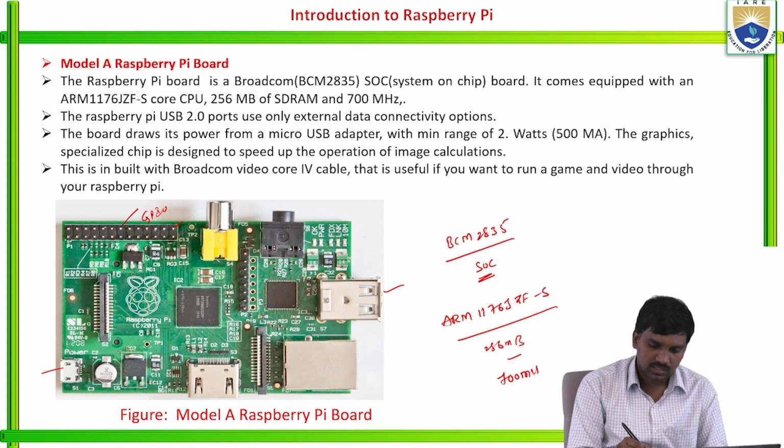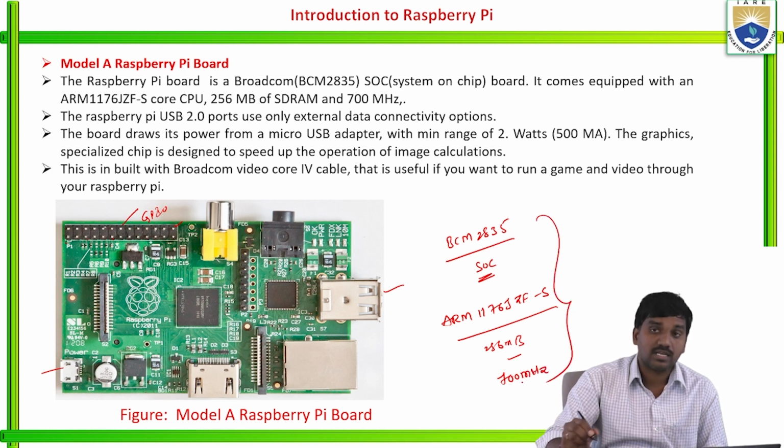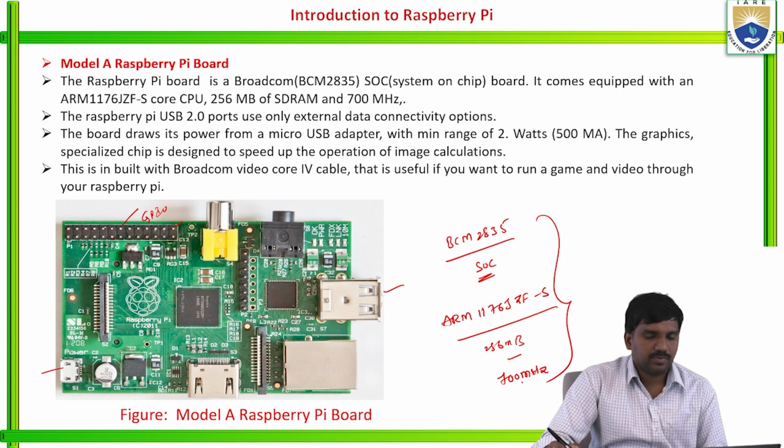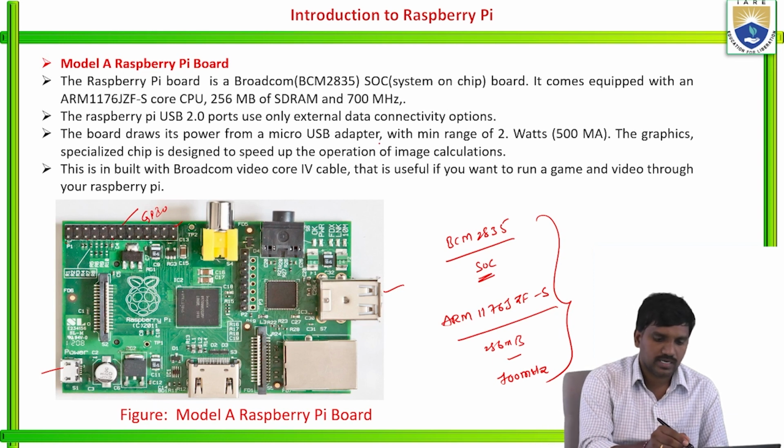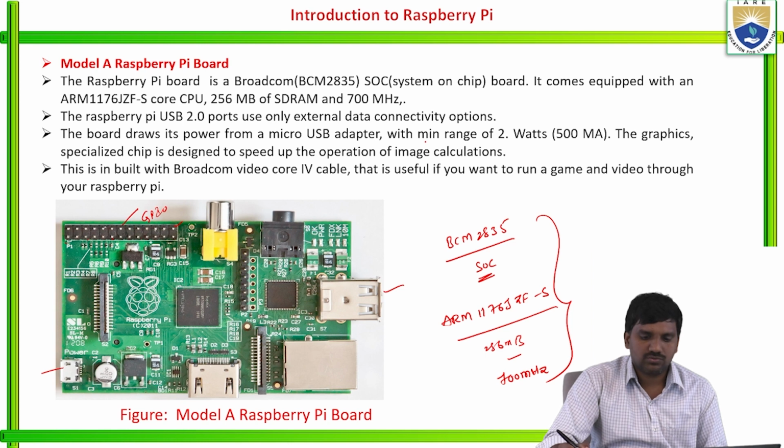These are some specifications of Model A. Next, the Raspberry Pi USB 2.0 ports are used for external data connectivity options. The board draws power from a micro USB adapter with a minimum range of 2 watts.